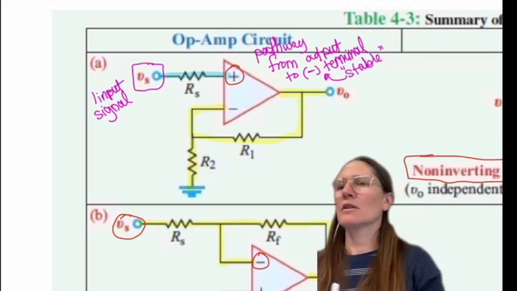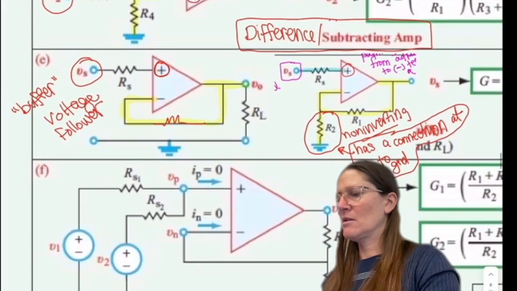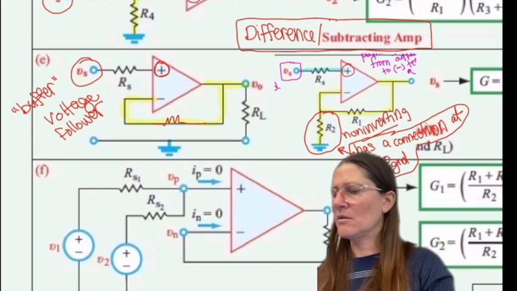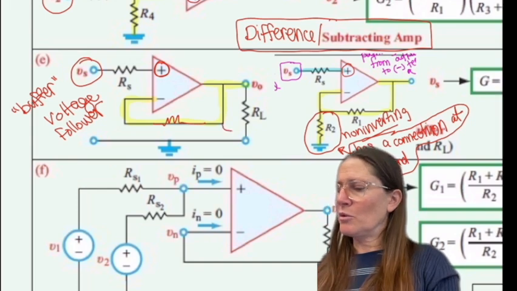Could you go back to the diagram, please? I was just wondering if you had a wire between the buffer's loop back to the negative and the ground, would that turn it into a non-inverter? So what do you mean, if I had like a resistor here?